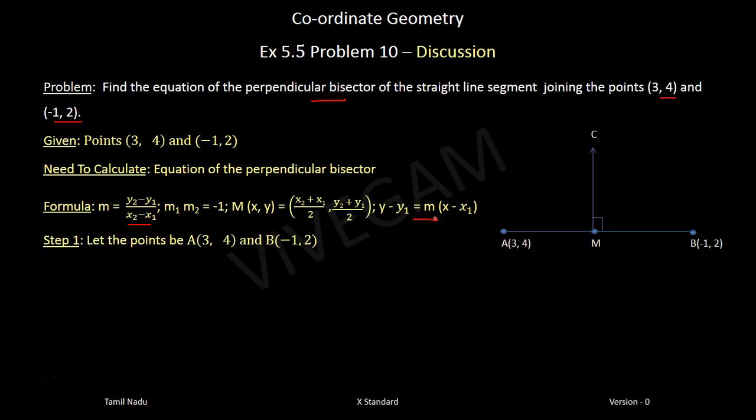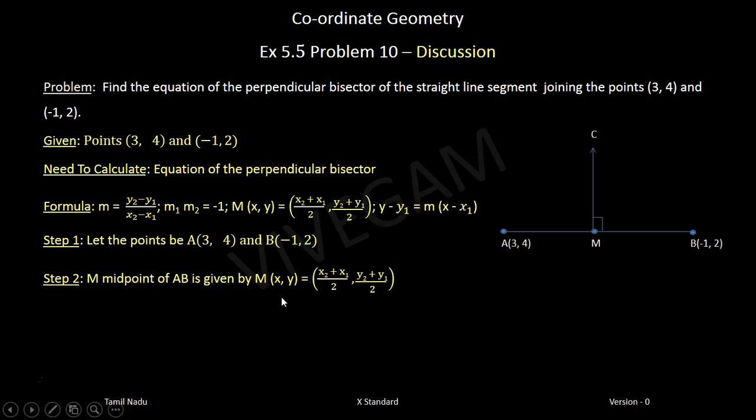Next, the steps are: let the points be A, which is (3, 4), and B, which is (-1, 2). The midpoint M of AB is given by the formula M(x, y) equal to x1 plus x2 by 2 and y1 plus y2 by 2. I've written it as x2 plus x1, it's the same, right? It's x1 plus x2 by 2 and y1 plus y2 by 2.